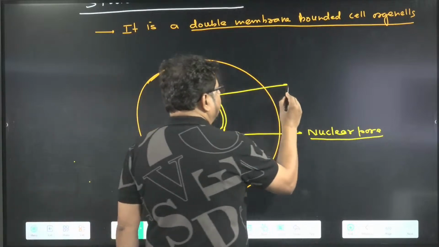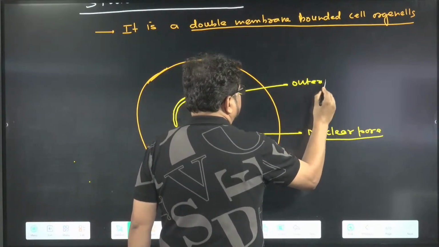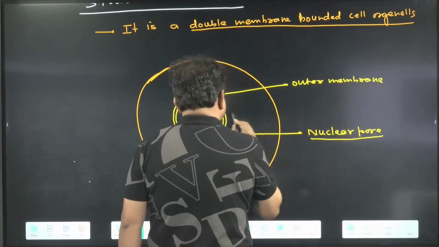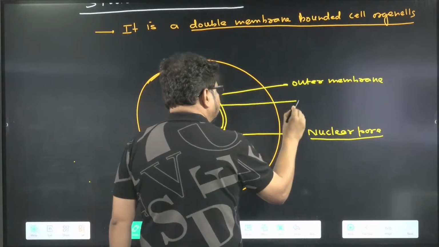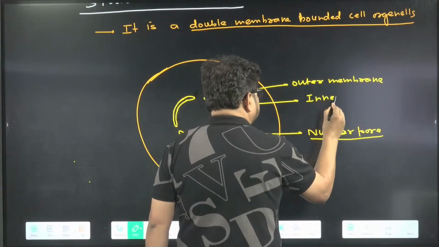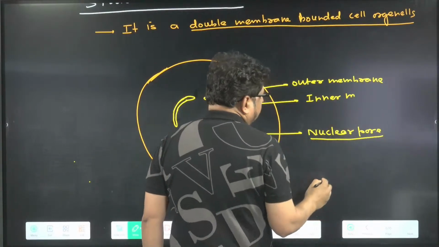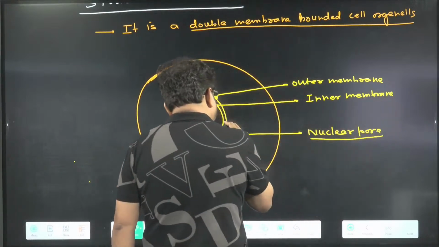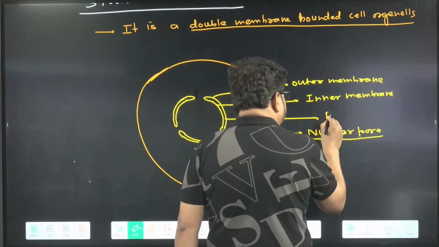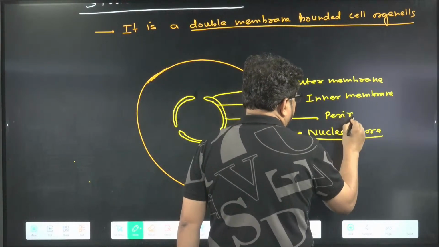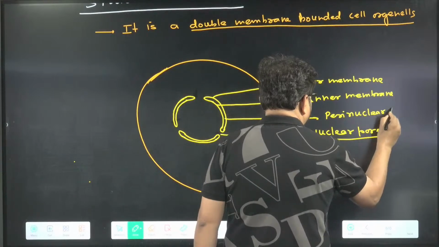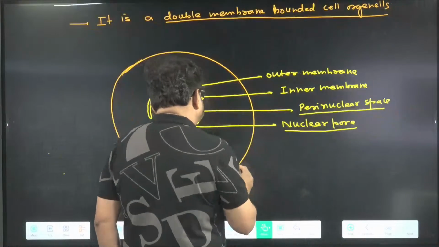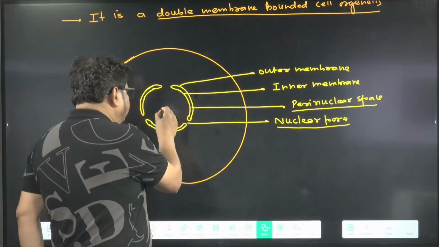This is the outer membrane of nucleus. This is the inner membrane of nucleus. And in between the outer and inner membrane, who is there? Perinuclear space. So this perinuclear space is a barrier between inside and outside.